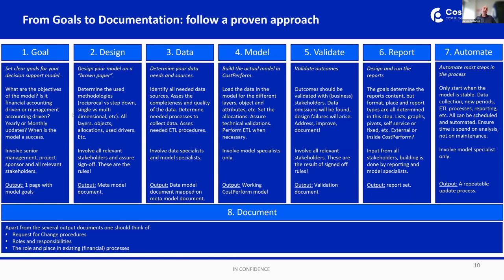But in that goal, one of the things that we see go wrong pretty often is that the goal wasn't clearly defined. So sometimes they say, yeah, I'd like to be more transparent, and then they've been transparent, but at the end of the day, they didn't want to be more transparent, they wanted to be able to cut costs. That's a little bit of a different goal than just being transparent. Or they would say, I want to be more efficient in my operations.